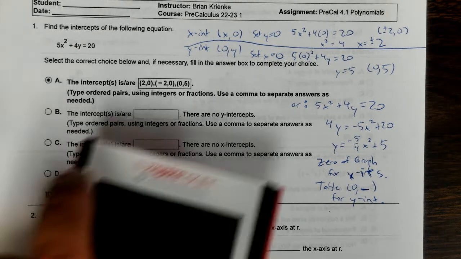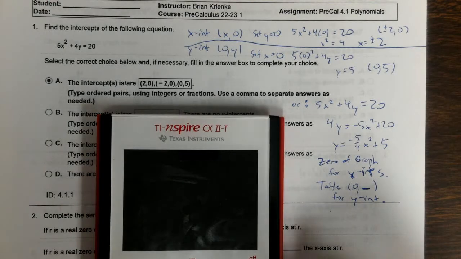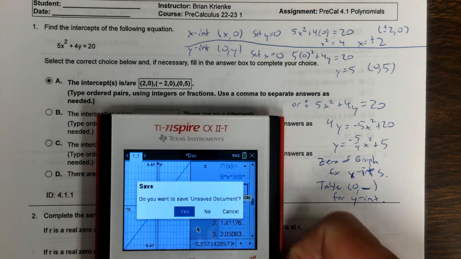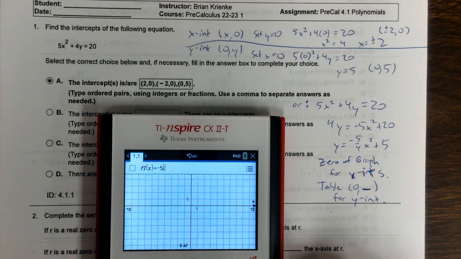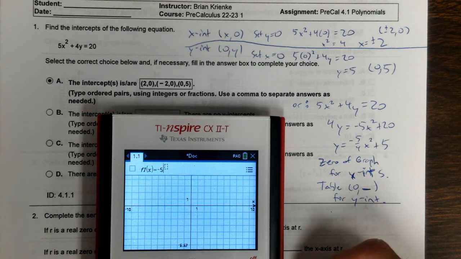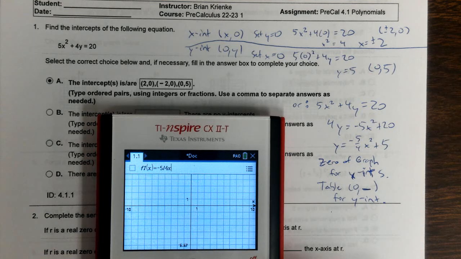So let's get that done. Negative 5/4 x squared plus 5.